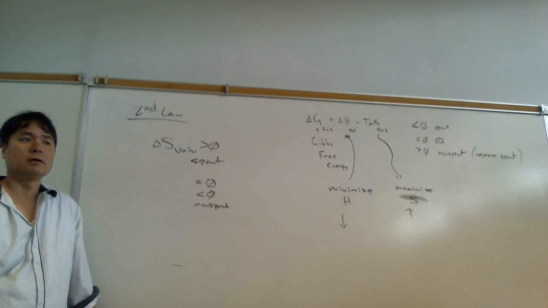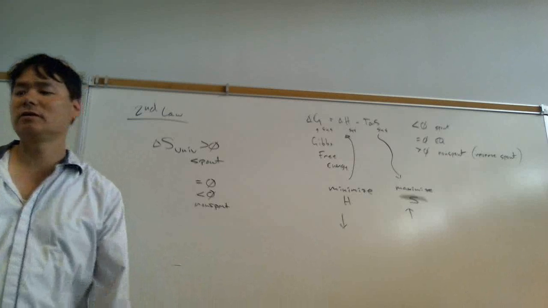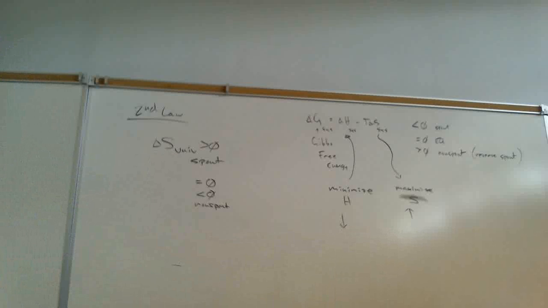If we have an exothermic reaction, how does the entropy of the universe increase? Did you know that the total energy of the universe is fixed? It's not zero, but it's fixed, because energy can neither be created nor destroyed. And so the total energy of the universe, delta E of the universe, is fixed.